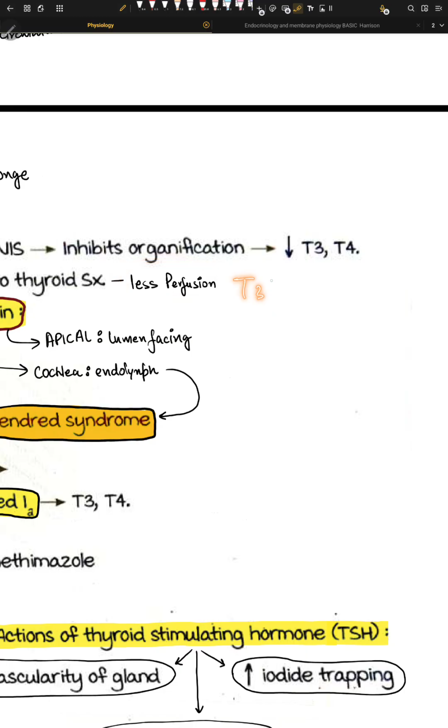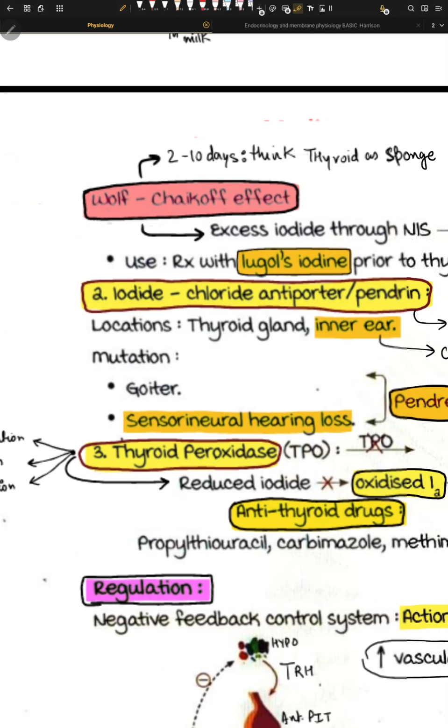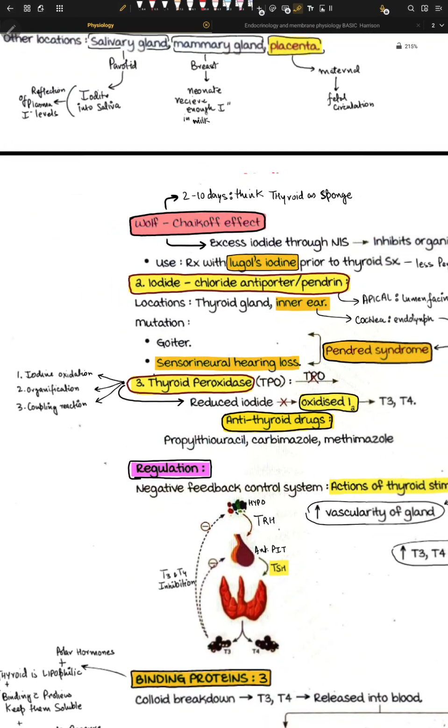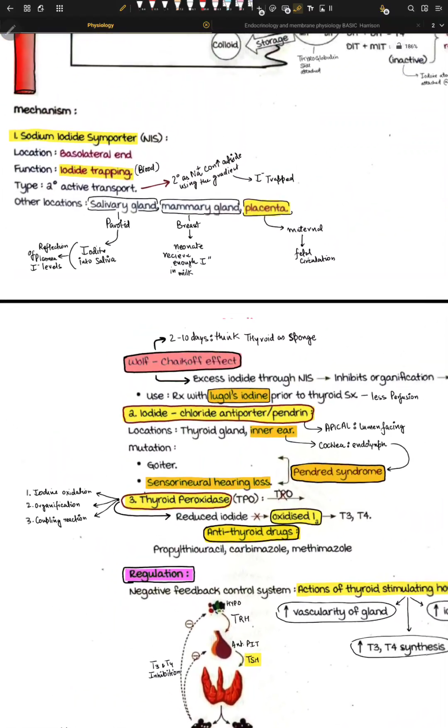Because the thyroid is less metabolically active since we are giving a lot of iodine already, and we are doing something called the Wolff-Chaikoff effect, right? This stays around for 2 to 10 days. So we can abuse the sodium iodide importer by giving a lot of iodide, right? Okay.